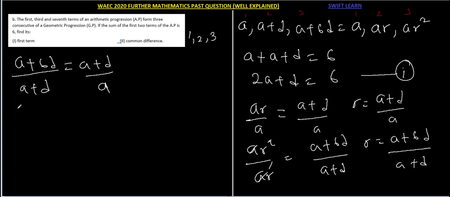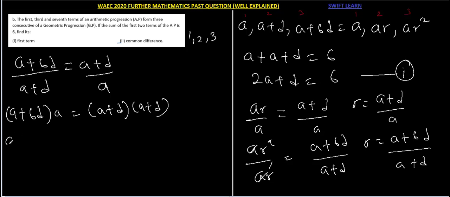If we cross multiply, we have (A plus 6D) bracket A equals (A plus D)(A plus D). So this will be A square plus 6AD, right? Then this will be, okay, sorry.